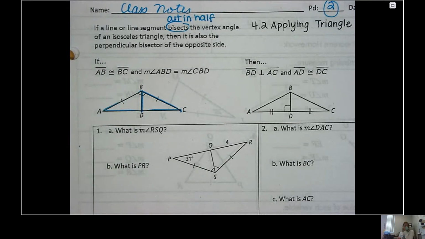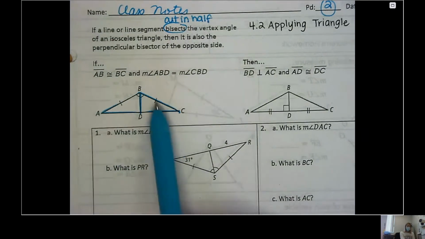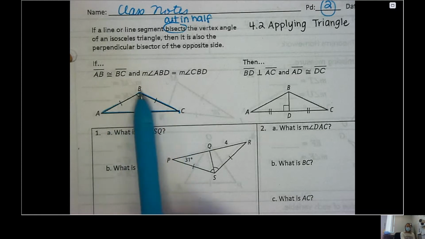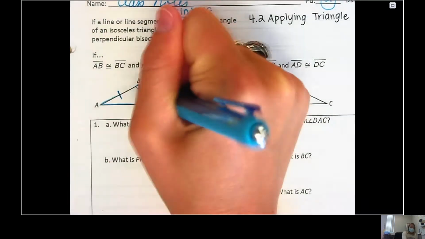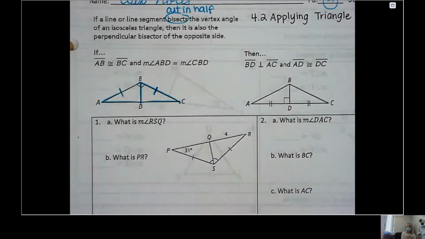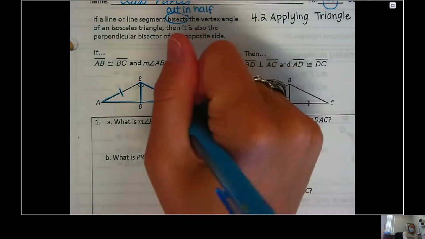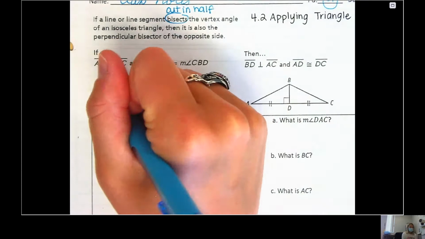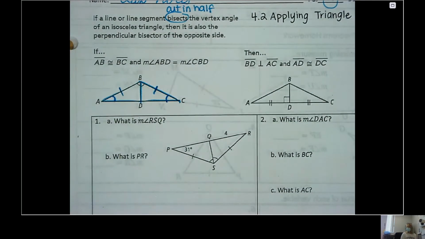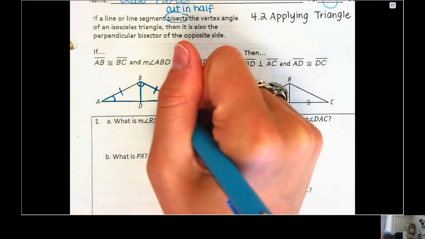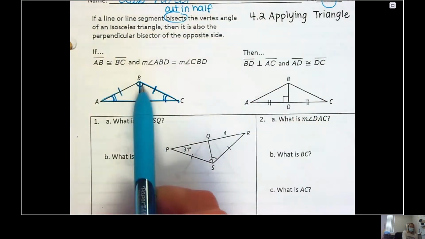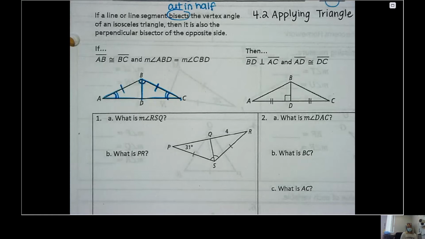So if I've got one big triangle that I cut in half, I now have these two smaller triangles on the left and on the right. The side segments here are exactly the same. The angles at the bottom, so like angle C and angle A, are exactly the same. And this angle B over here on both sides, I should really put two here. This angle B on both sides is also exactly the same.